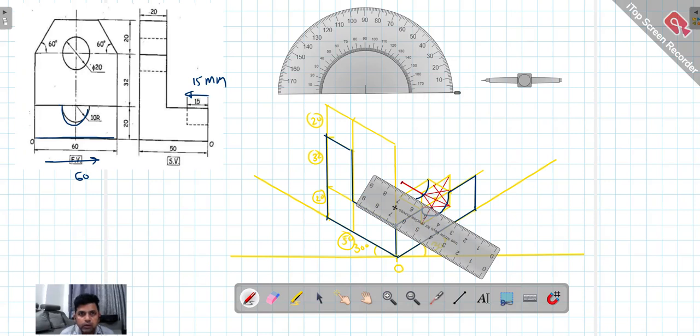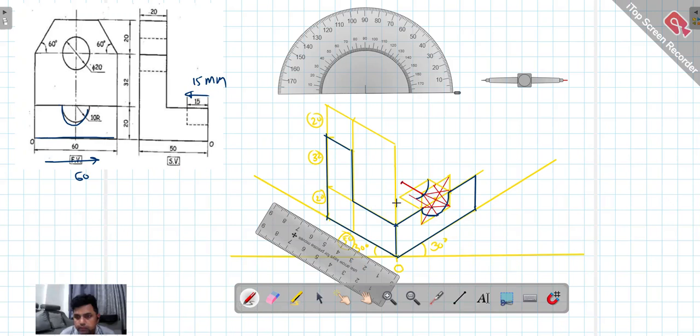Okay, you can shift it: 0, 10, 15. And with this new center you can draw a line, okay, which will go slightly hidden. You can understand that line while drawing. Okay, so here it will come like this line. Okay, so this is how it will look.